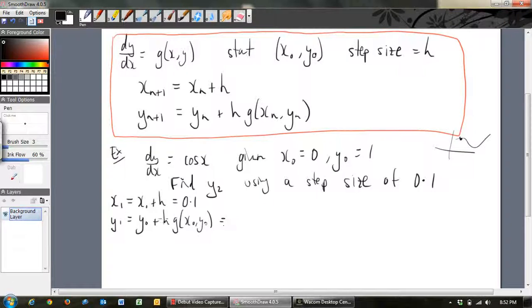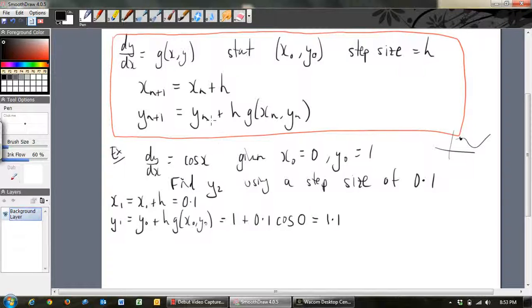That's equal to, the y is the hardest one to find out, of course, y0 which is 1, plus h which is 0.1, and all we're doing is putting x0 and y0 into this formula here. So it's going to be cos of x0. x0 is 0, and we just need to evaluate this. Cos 0 is equal to 1, and so that's equal to 1.1.